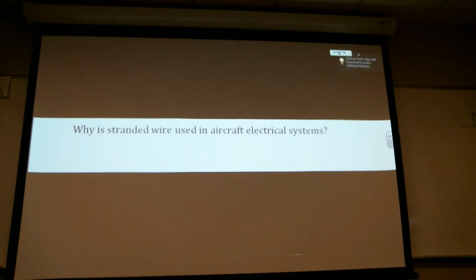Why is stranded wire used in an electrical system? Anyone remember? We did this early on, I think. Why is stranded wire, multiple wires? Flexibility, longer flex life. So you've got landing gear, you've got wings that flex.